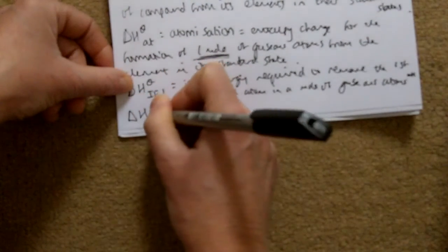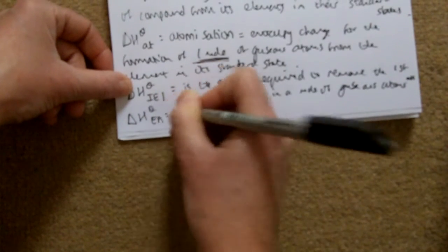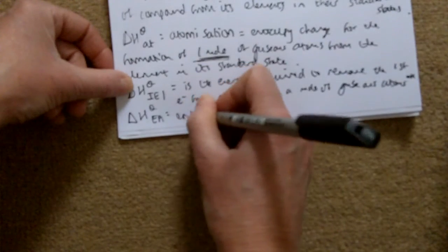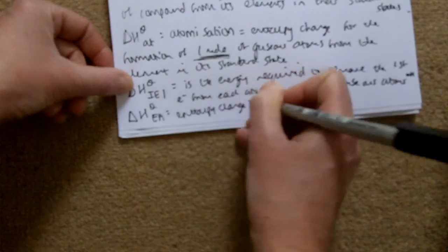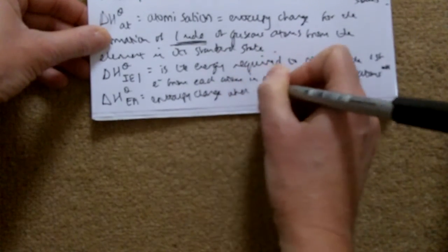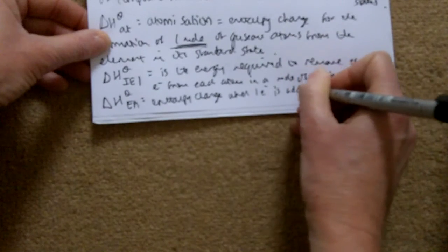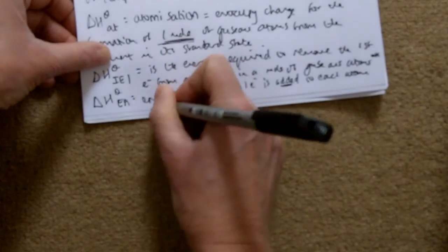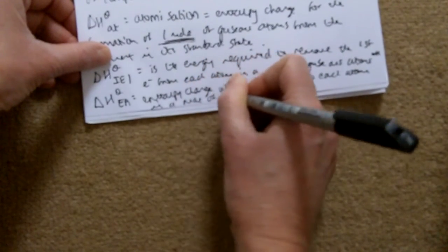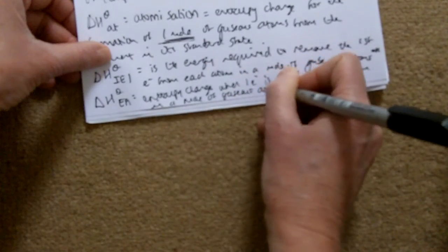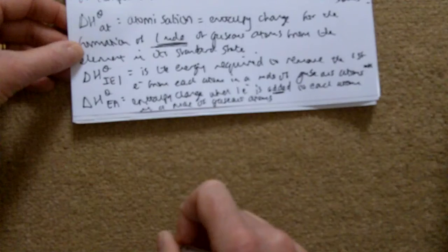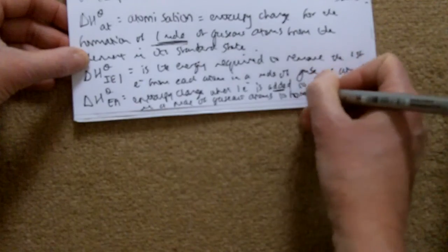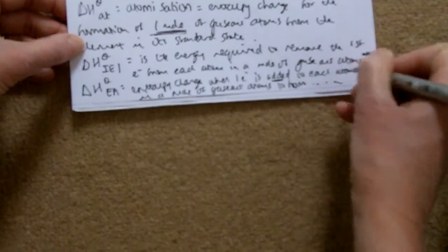Electron affinity is the enthalpy change when one electron is added, not removed, but added to each atom in a mole of gaseous atoms to form a mole of gaseous 1- ions, which I can't fit on the piece of paper.